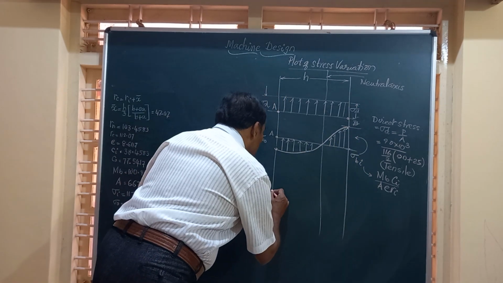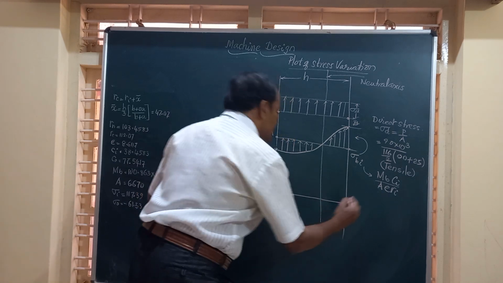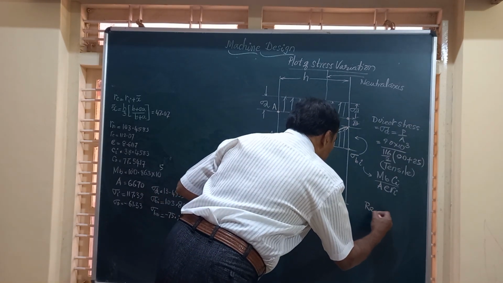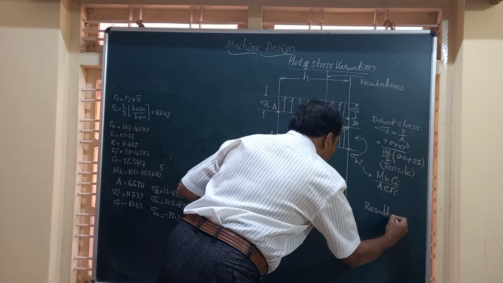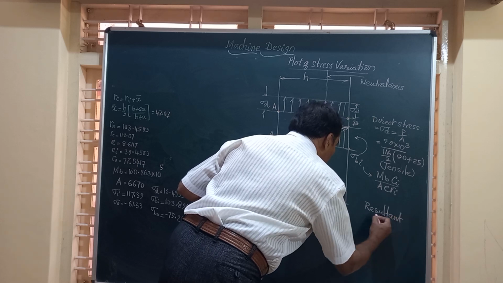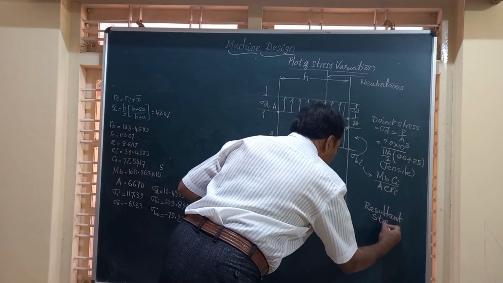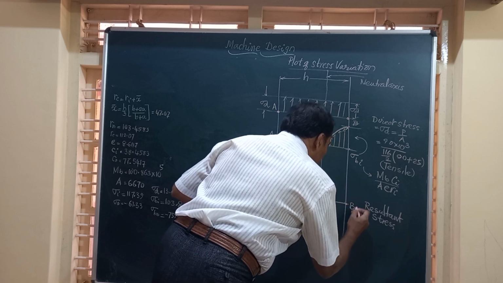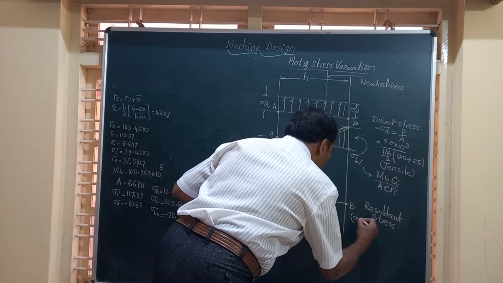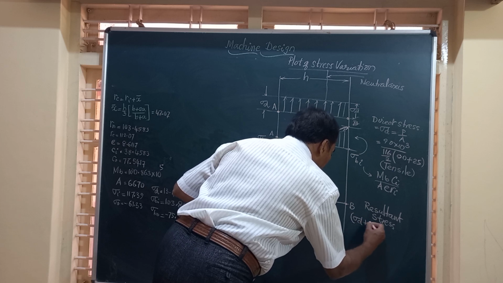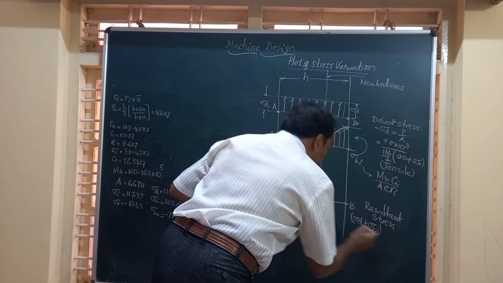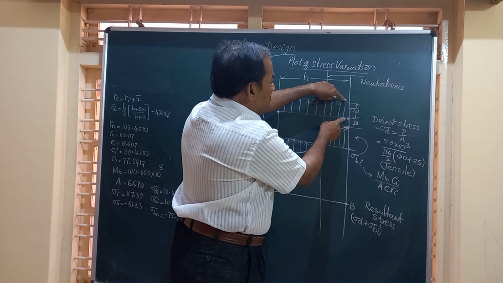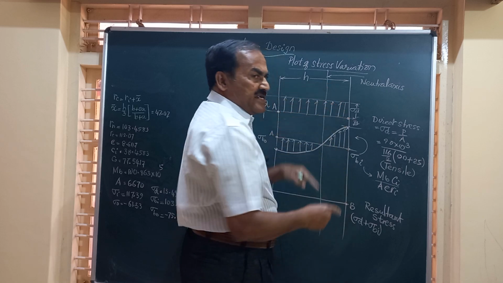Finally friends, we have to plot the resultant stress or extreme fiber stress. So here at B, it is going to be sigma direct plus sigma bi. In other words, it is a summation of this height plus this height.